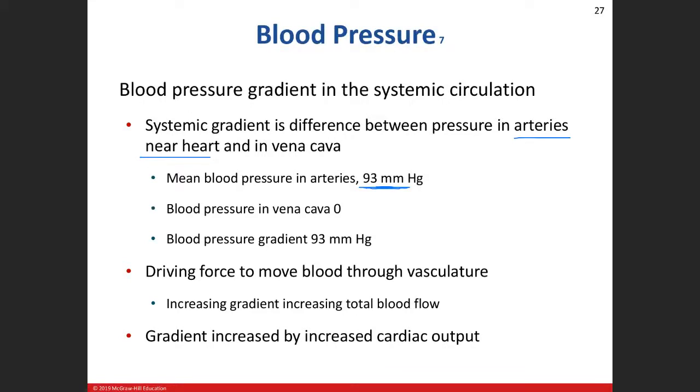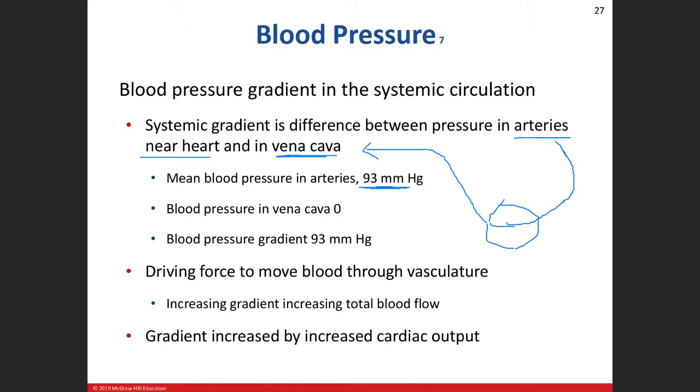They're going to have a high pressure reading there. But then the pressure is going to be virtually zero when we get to the vena cava. So that's going to force blood to flow from the arteries down into the capillary beds. I'll draw it like this, a bunch of little branches, and then back into the veins, back to the vena cava.